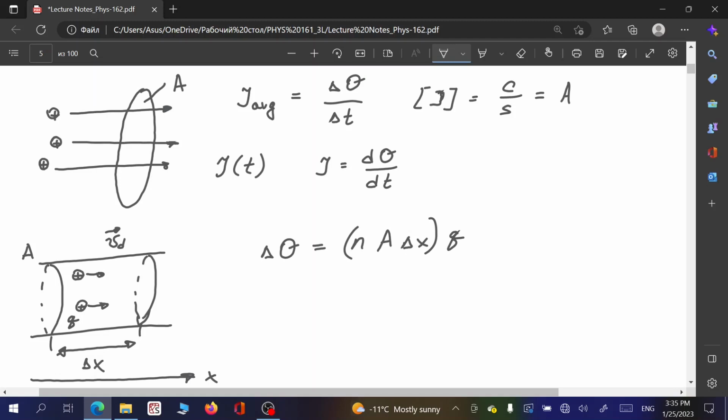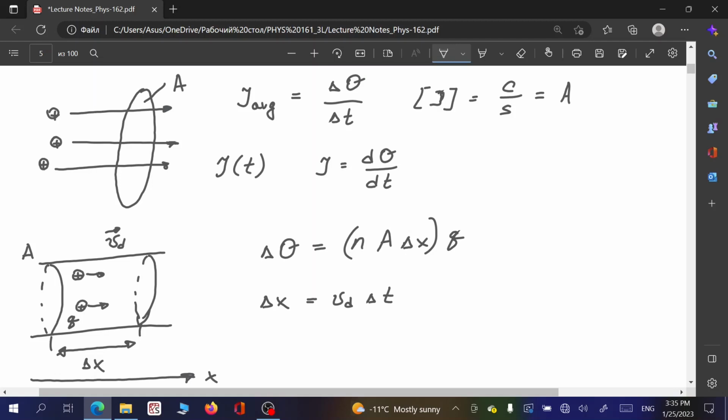So now, what will be this delta x? If we consider this process of charge transport within some time interval delta t, we can express it as vd, the drift velocity of electric charges, times delta t. This is the time interval which we consider.